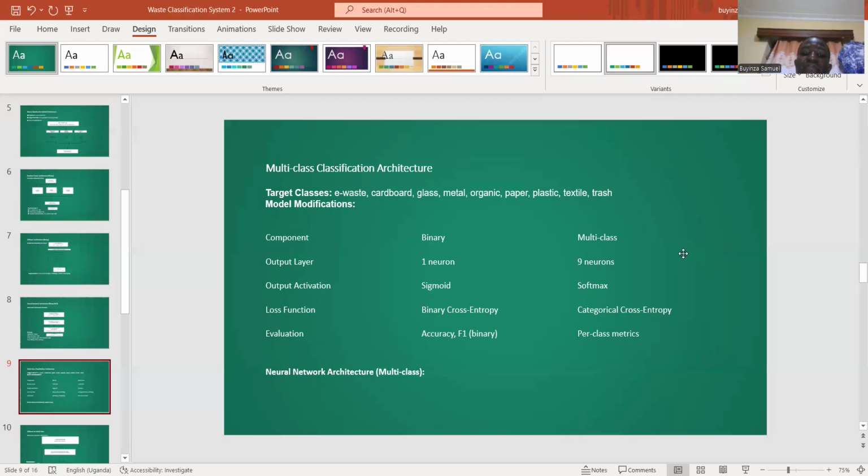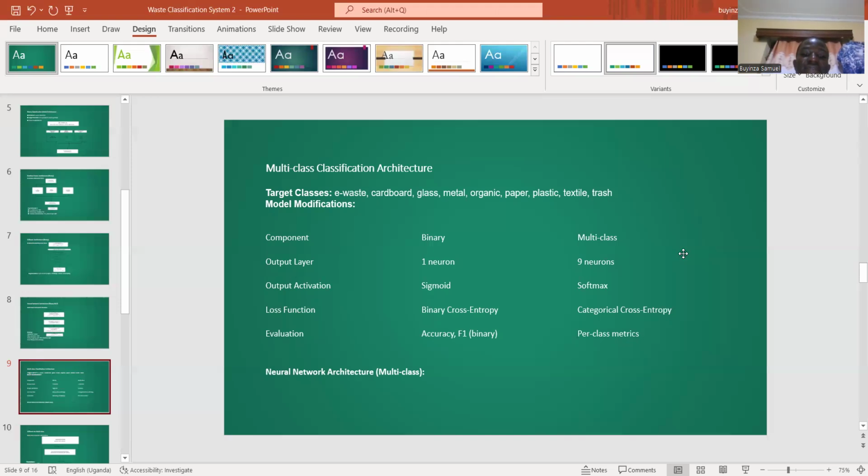Then for the output layer, it is either one neuron or 9 neurons. Then for the output activation, we have a sigmoid, and we also have softmax.